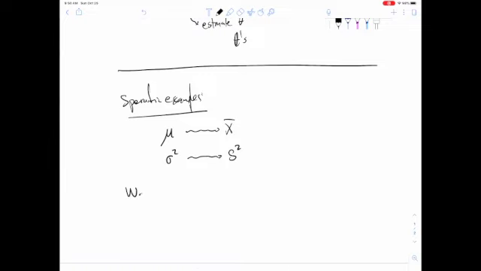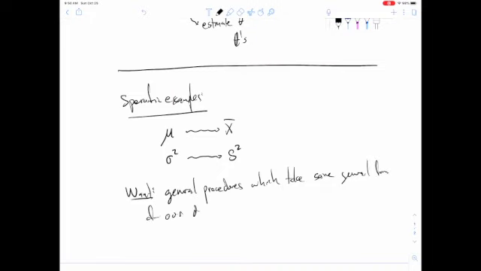So we want general procedures which take some general form of our distribution with unknown parameters, and which will then output some estimators.